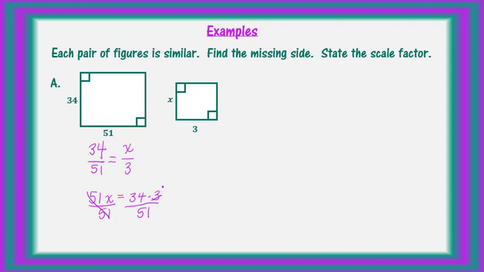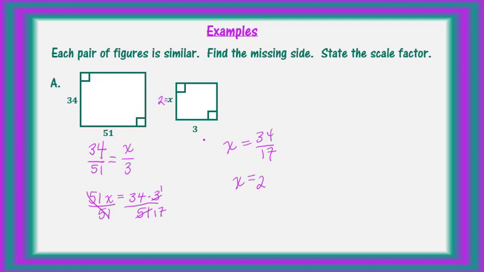So I am going to divide both 3 by 3 to leave me with 1 and 51 by 3, leaving me with 17. So that gives me x equals 34 divided by 17. 34 divided by 17 is simply 2. So that means that the missing side is actually 2.